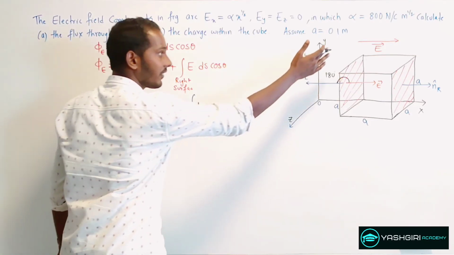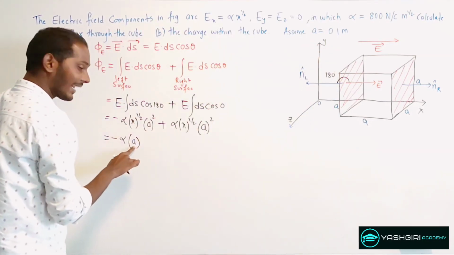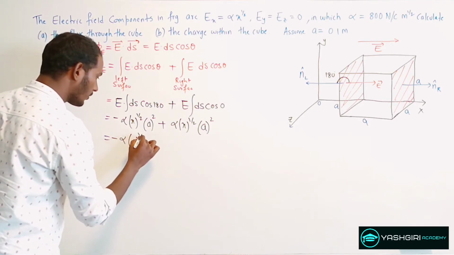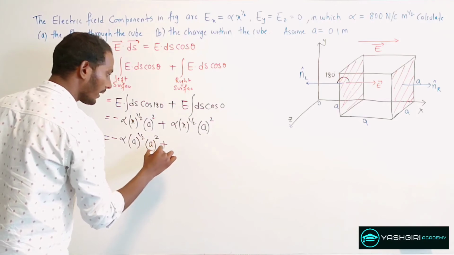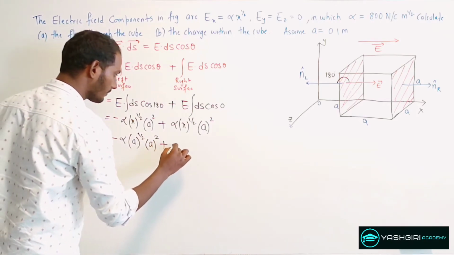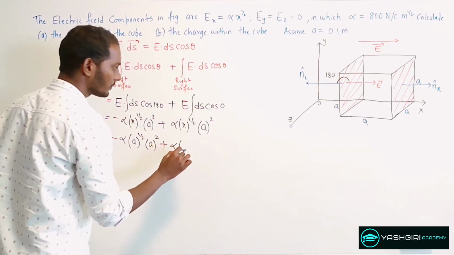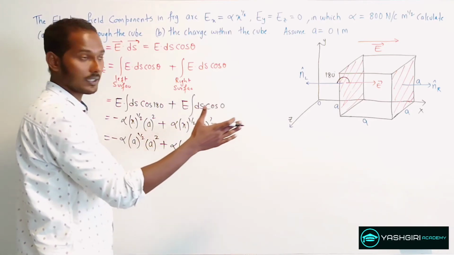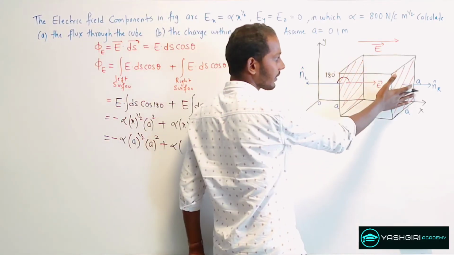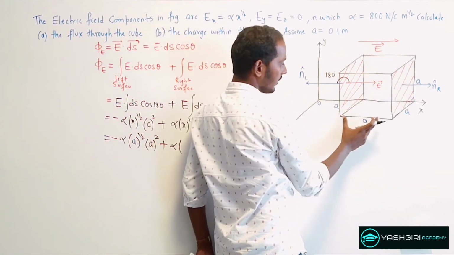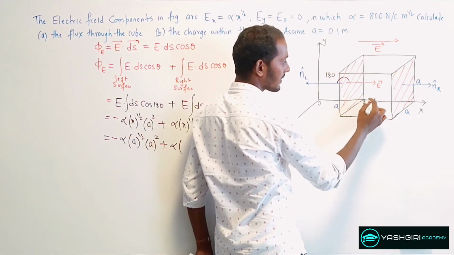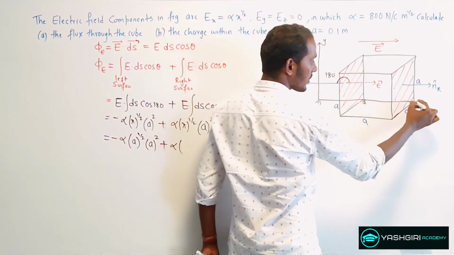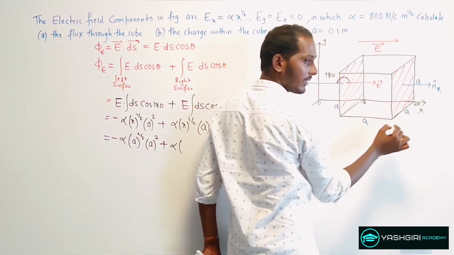The left plane surface is at a distance from the origin, and that will give me the square root of a into a square, plus alpha into, this is the distance at which the right plane is. So 0 to a, this is at your a. So that means again this is at your a distance. So overall this will be a 2a distance.